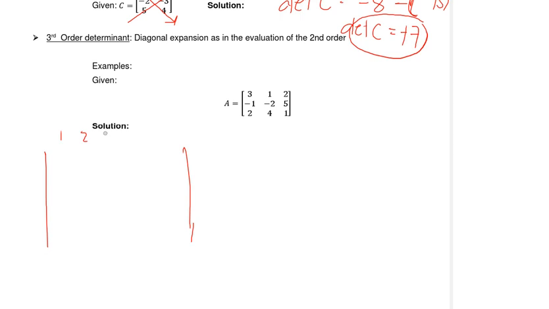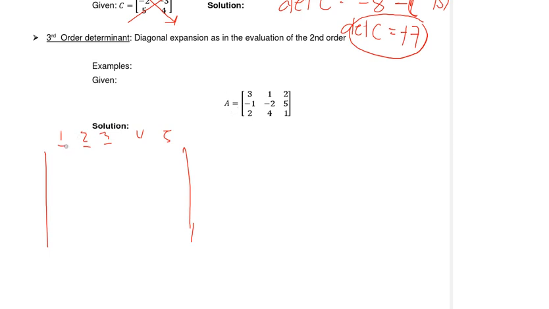So, column 1, column 2, column 3, column 4, column 5. So, first we need to form a 3 by 5 arrangement of elements, using of course the elements from the given matrix. So, in order to form a 3 by 5 arrangement, yung first 3 columns natin are the same doon sa ating arrangement dito sa given matrix.